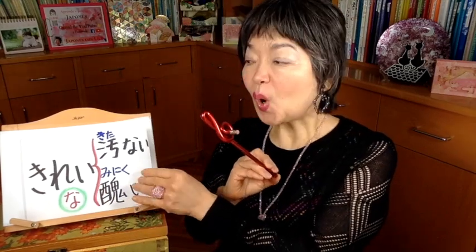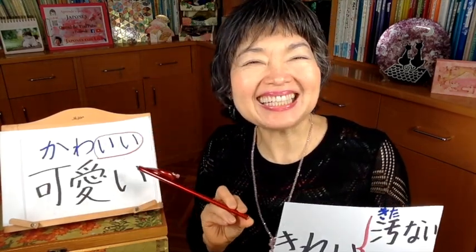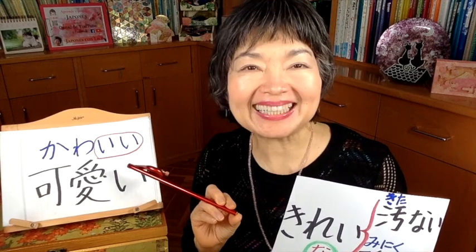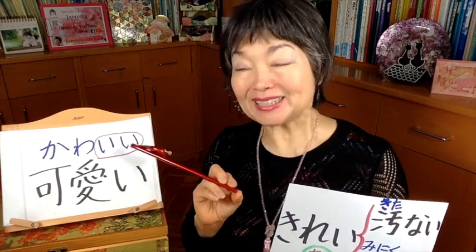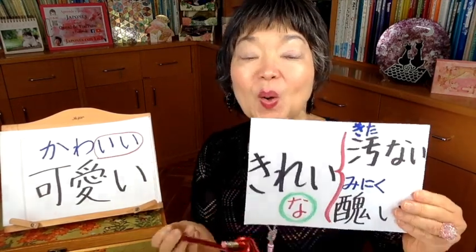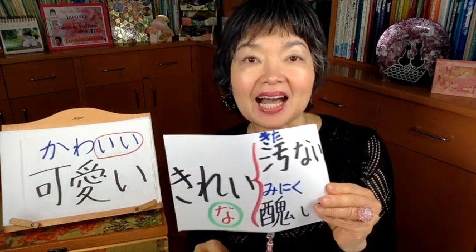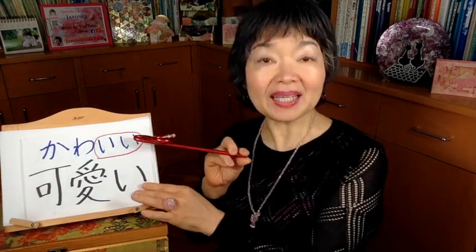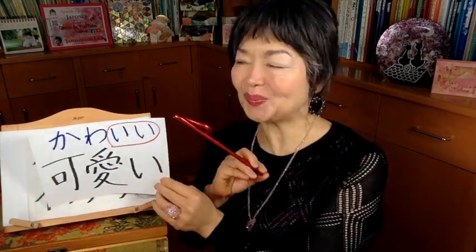When you say you are beautiful or good looking, for women, we say きれい, きれいですね, beautiful. Or かわいいですね, pretty, lovely, precious. These are used for women. かわいい you can use for boys too.